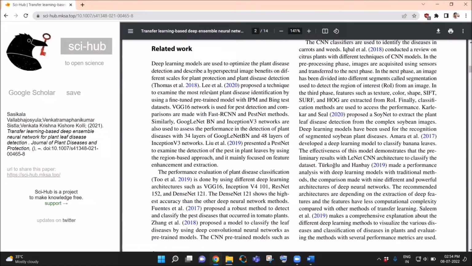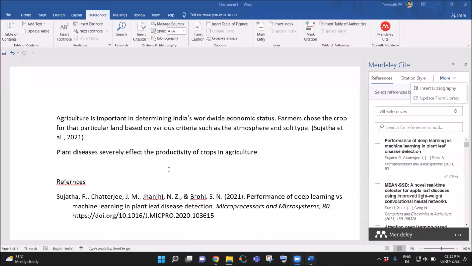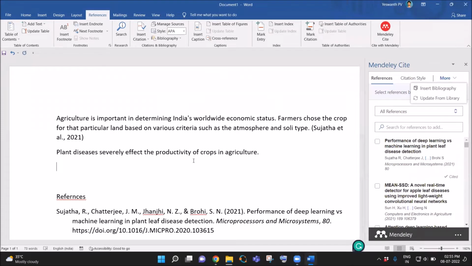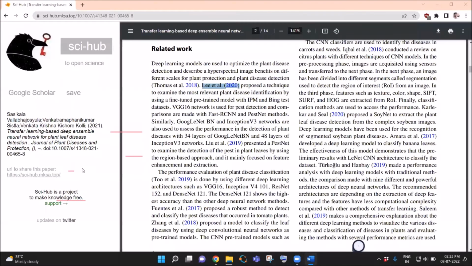Proposed a technique to examine most relevant plant disease identification by using a fine-tuned pre-trained model, IPM, and a Bing test dataset. Okay, from here you can write. We cannot change this name because he is the person who proposed that model. Lee et al.